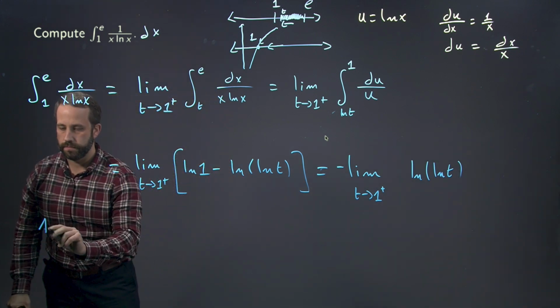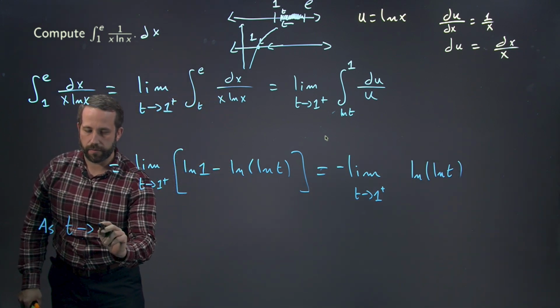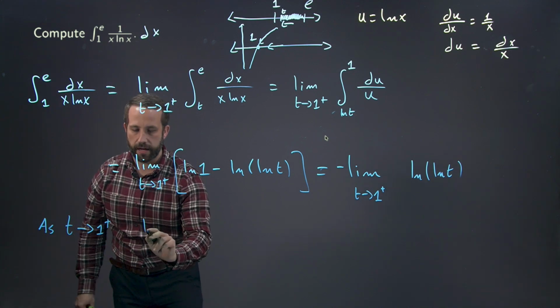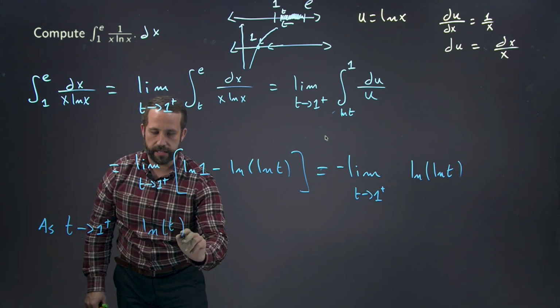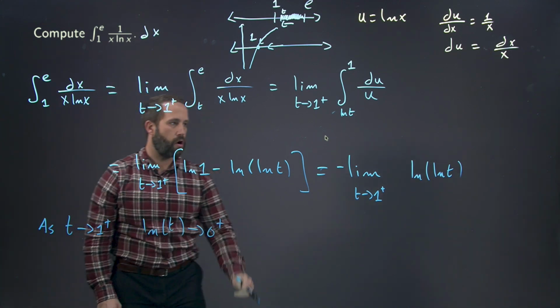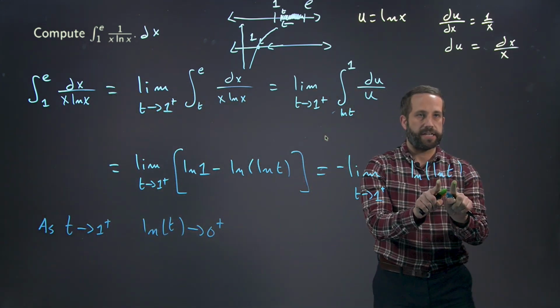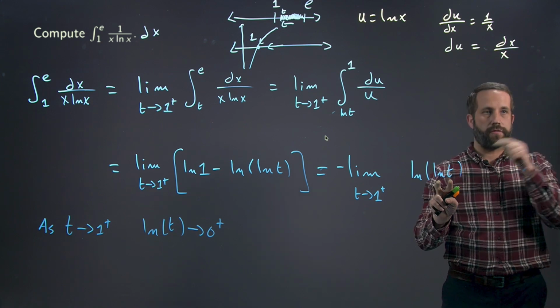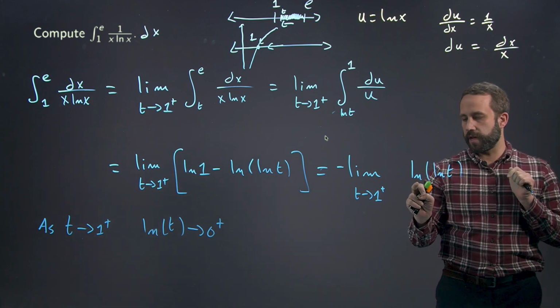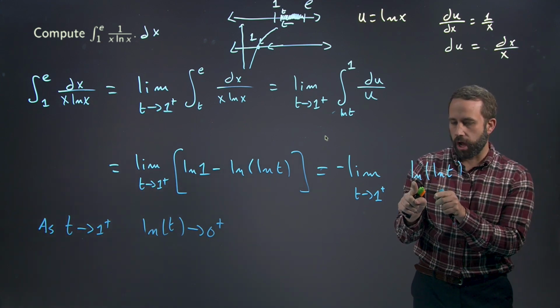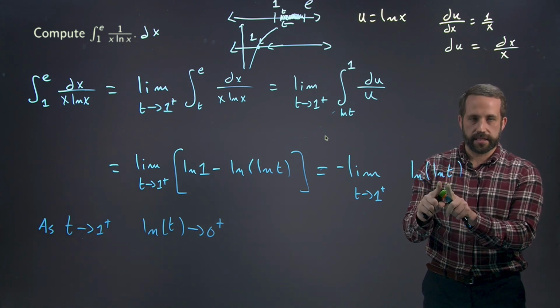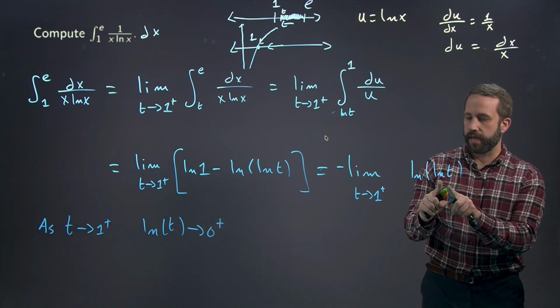So as t approaches 1 from the positive side, the natural log of t approaches 0 from the positive side, which is good because that's where log is defined. So I've got a log on the outside, a log on the inside. The inside log is approaching 0 from the positive side.